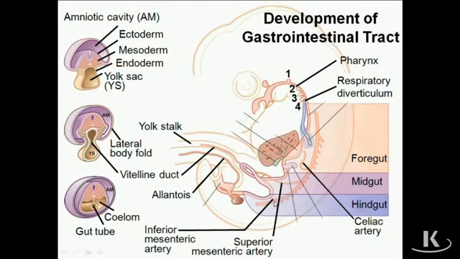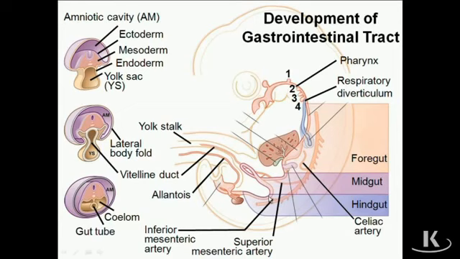We can also draw an inference from this, and that is that any organ that's in the region of the junction between foregut and midgut is probably going to be an organ that will get overlapping blood supply from branches of the celiac and branches of the superior mesenteric. And an organ that's at the junction of midgut and hindgut will be an organ that will get overlapping blood supply from branches of the superior mesenteric and inferior mesenteric. So that indeed is going to be the case, and we'll deal with that in some detail in a little while.